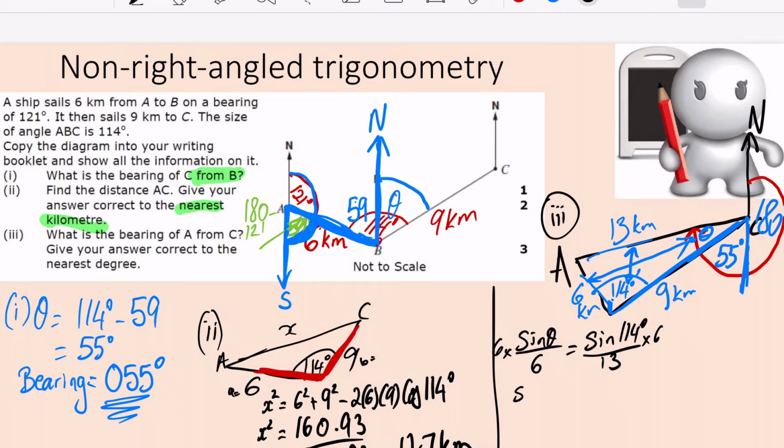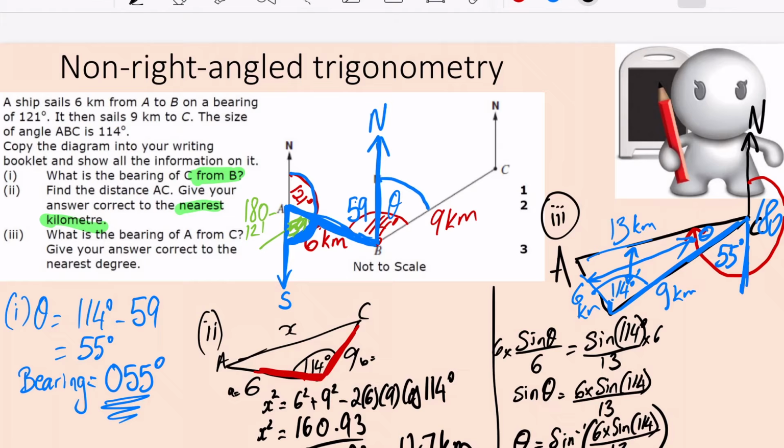So what I will end up getting is sine theta equals 6 multiplied by sine of 114 degrees, and then divide that by 13. Now, you're after an angle, so you need to do the inverse sine. So sine to the power of -1 of 6 times sine 114 degrees over 13.